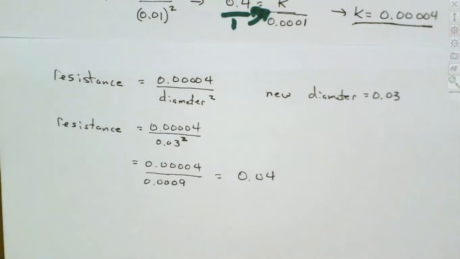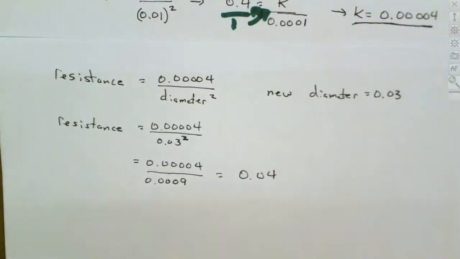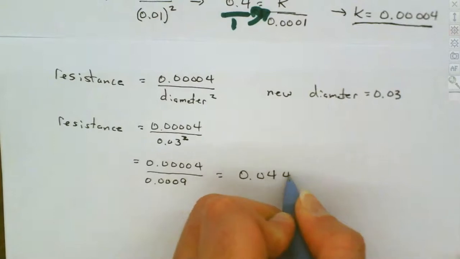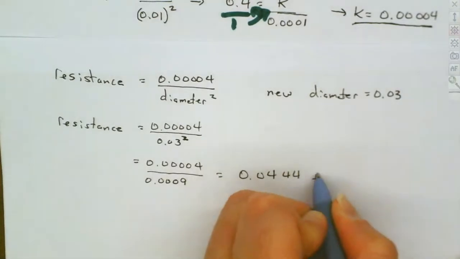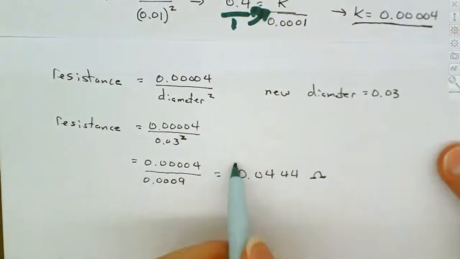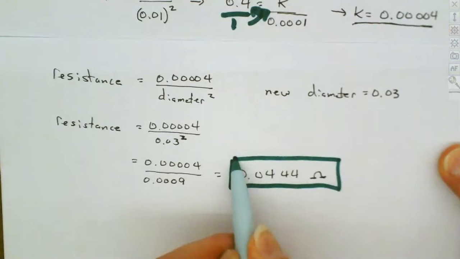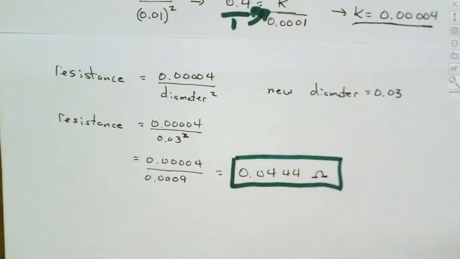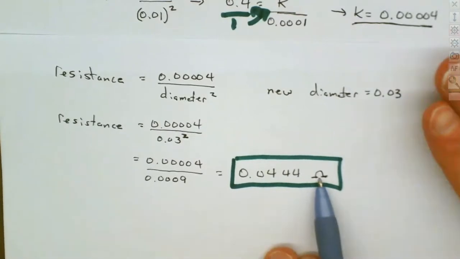It says nearest 10,000. So tenths is 1, hundredths is 2, thousandths is 3, 10,000ths is 4 places. So we've got to take this out to 4 places. So that is 0.044 ohms. And you can write ohms or you can use the ohm symbol either way. Yep, that symbol represents ohms. If you take a physical science class or a physics course, you would see that is the symbol for ohms.